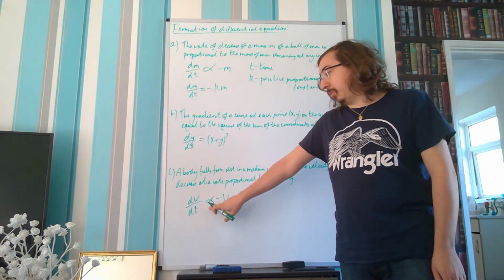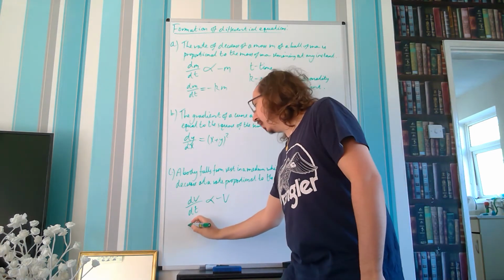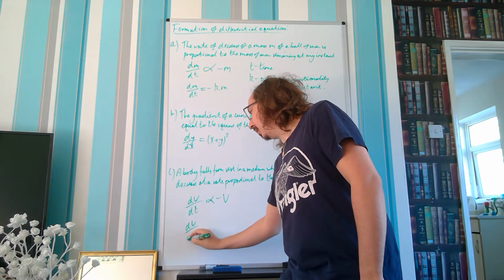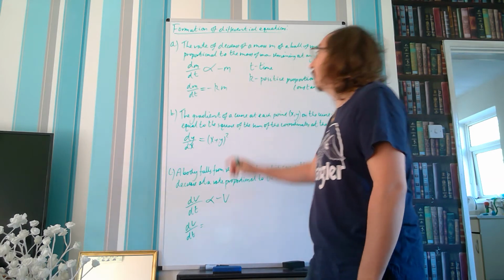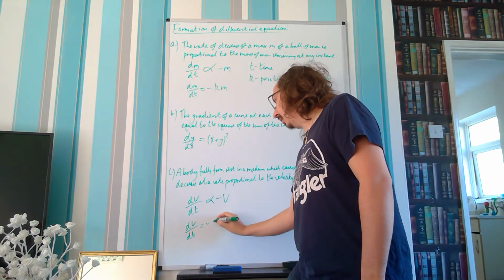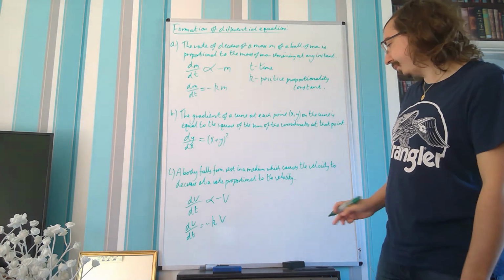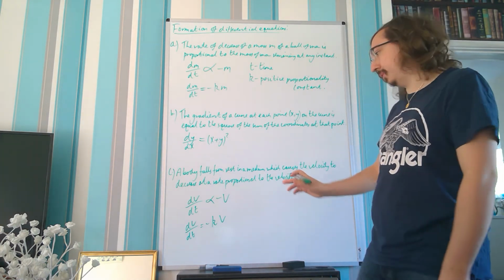But we don't like the proportionality symbol, so let's do what we did in part A. Let's replace that with an equal to, and we also need a constant of proportionality there, so minus kv. Then we just need to define some of our variables.